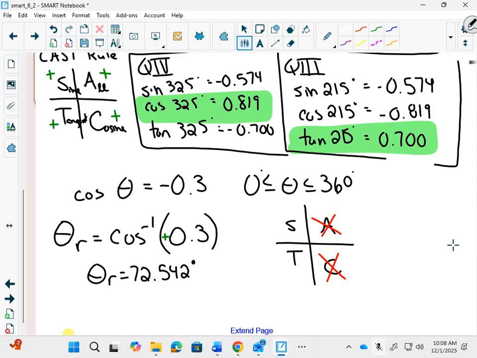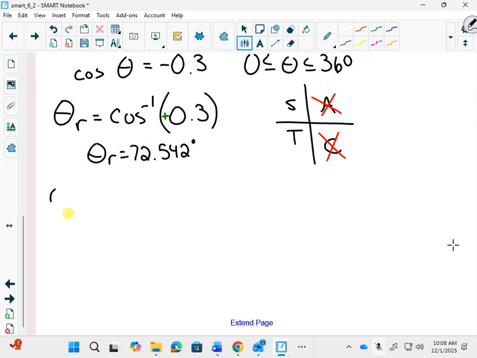If I wanted to find it in quadrant 2, and I had the same reference angle, does it make sense that you would have to go 180 degrees minus that reference angle? If I did 180, which is way too far, halfway around, but I subtracted that reference angle, I would get this answer that I wanted to begin with.